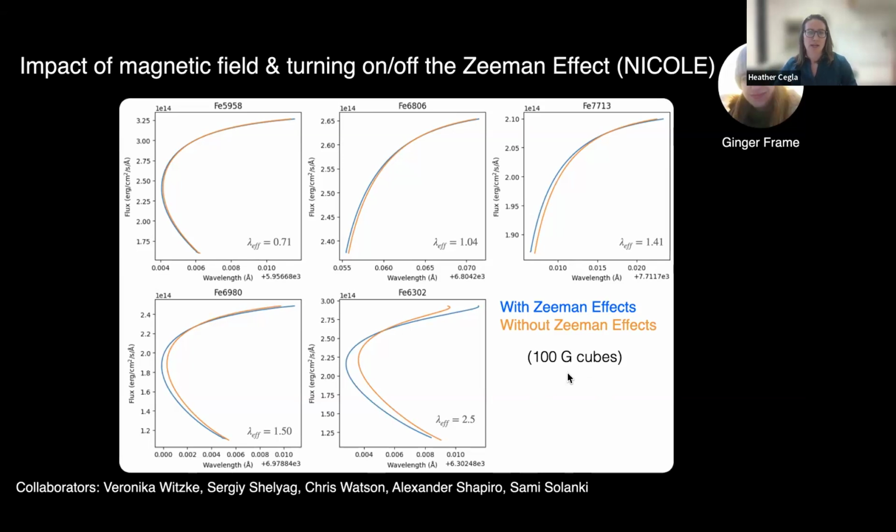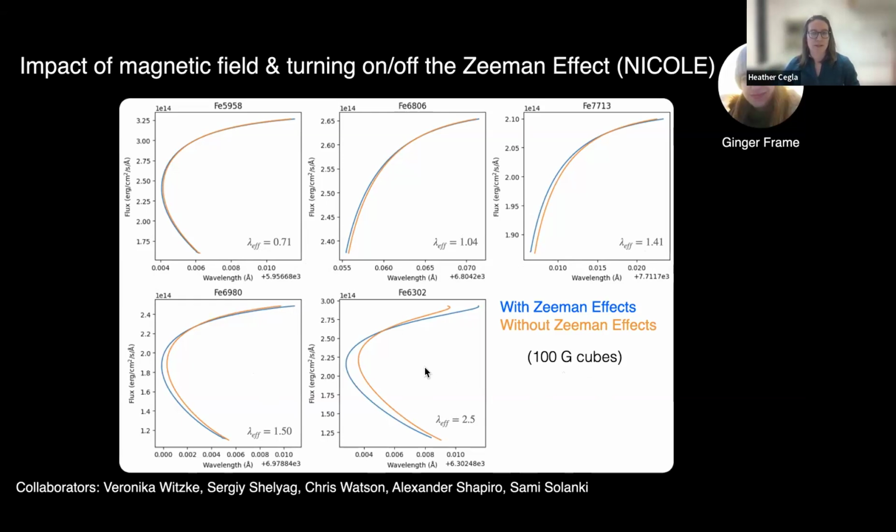And then she looked at a range of different iron lines that have different magnetic sensitivities, listed here by the Landé factors. And you can see that for all the lines that have low Landé factor, we have good agreement even at 100 Gauss if we're ignoring the Zeeman effects.